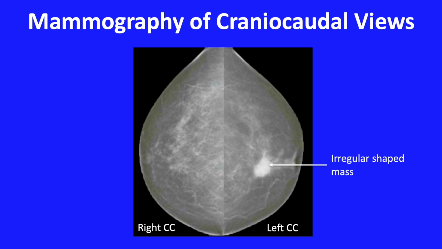An irregular shaped mass is highly indicative that this patient is now suffering from breast cancer. But the final diagnosis of whether a patient truly has cancer requires a biopsy of the tumor and a pathologist reading the biopsy. It is at this time that the final diagnosis of breast cancer is made.